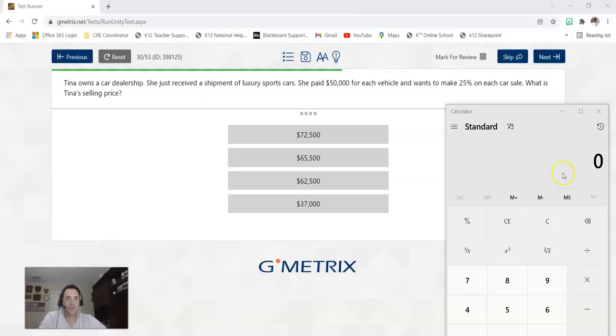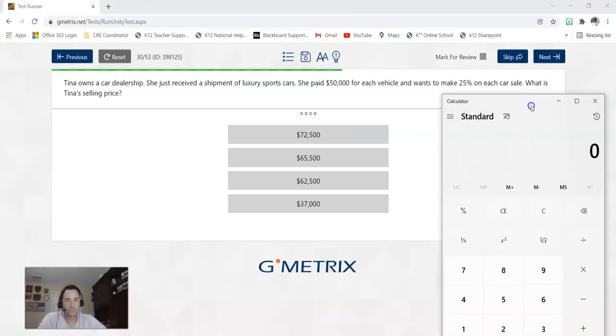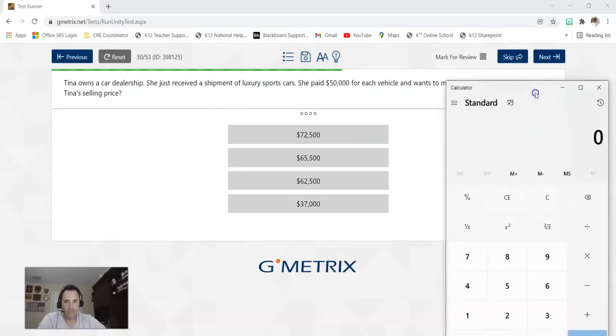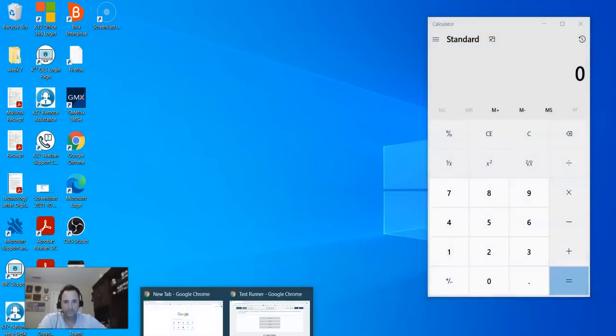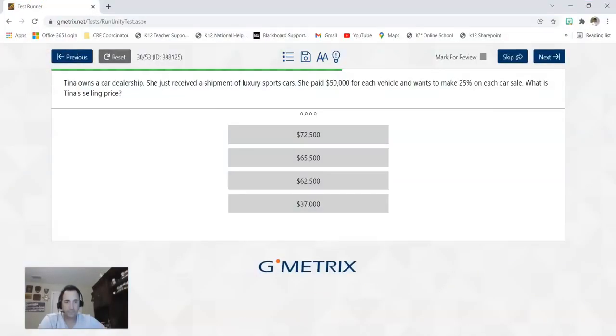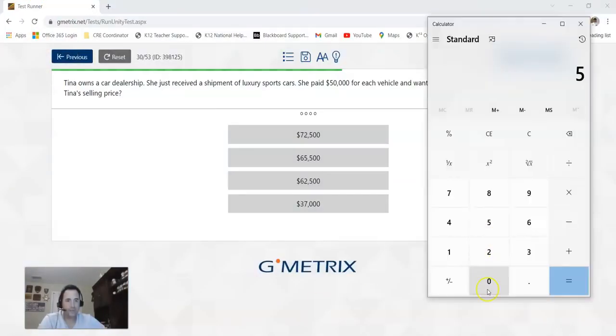Okay, so another two-step problem. First, the cost of the vehicle is $50,000. She wants to make a 25% profit, so we must multiply by 25%, which is 0.25, which means that is a $12,500 that must be added into the price.